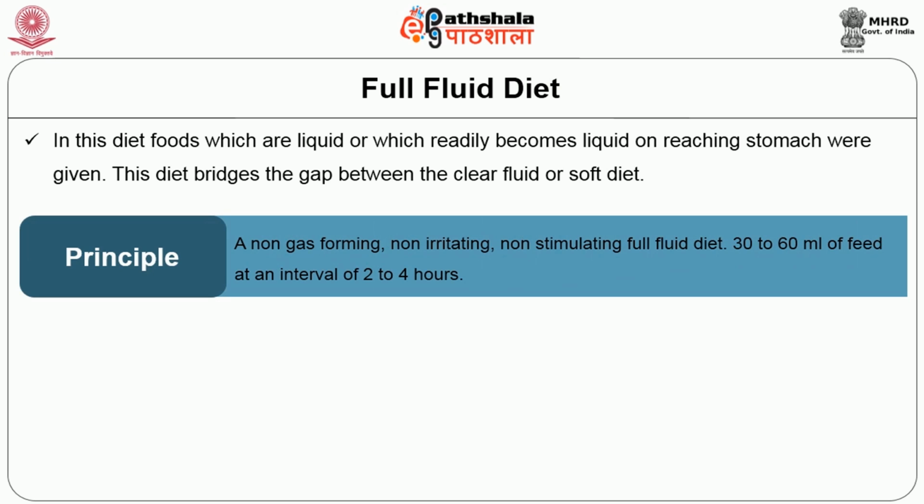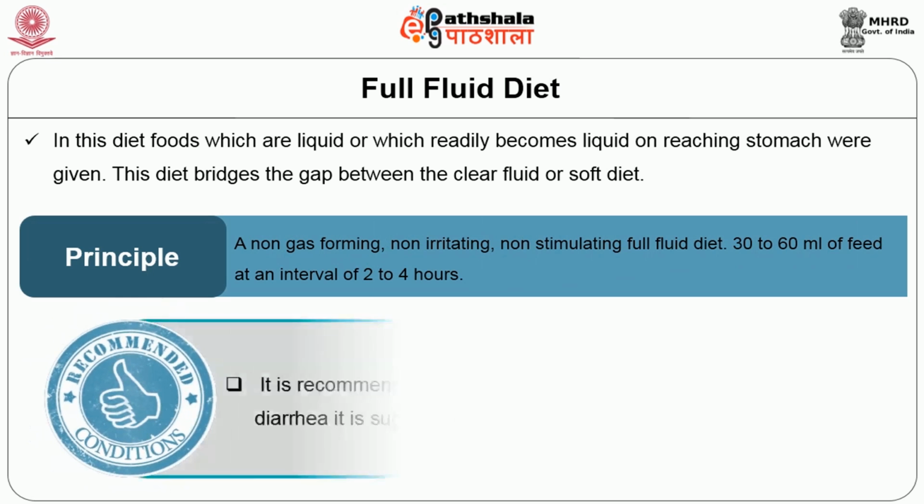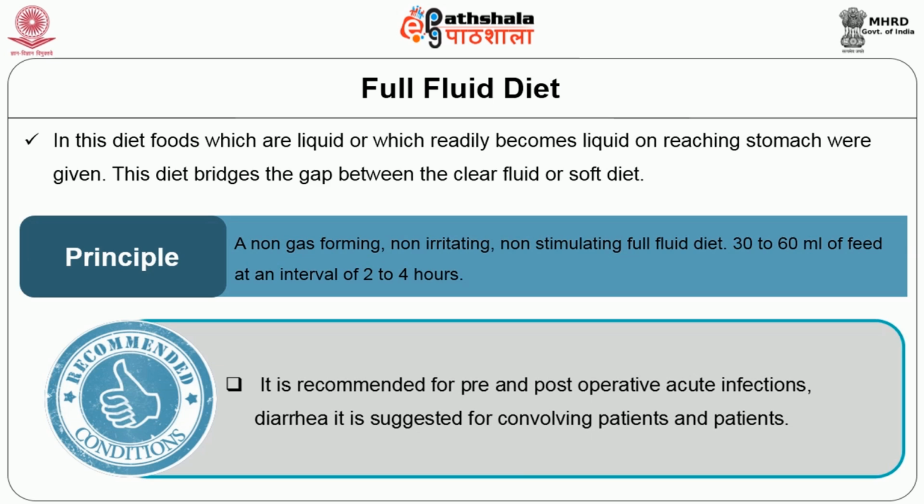Here also, the feeds are usually 30 to 60 ml per feed with an interval of 2 to 4 hours. It is recommended usually in pre and post-operative conditions, during acute infections and diarrhea, and it is suggested for involving patients and other persons.